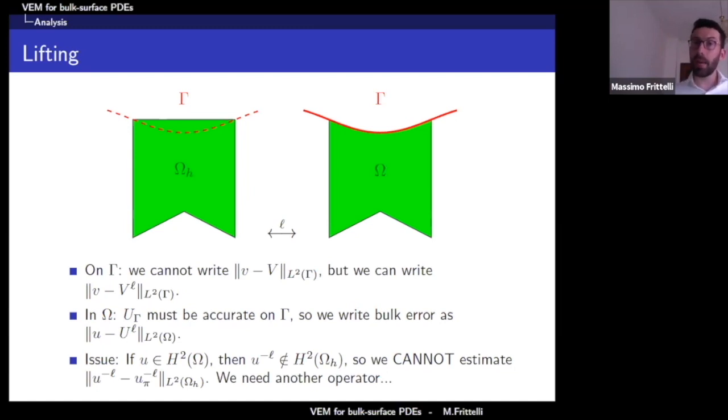So we care about optimal accuracy close to the boundary. In other words, we wish to carry an error estimate in the bulk in the lifting sense. So that is a challenge that we must account for in the analysis.